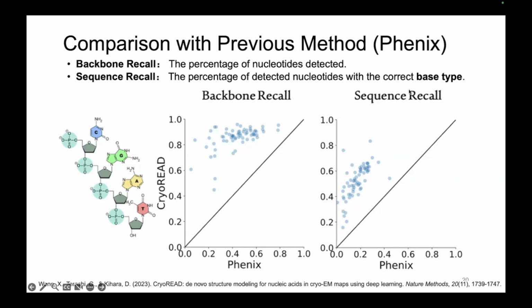It's not only considering the positions, but also the base type. So whether the positions are predicted accurately, and also whether the type of the base is predicted accurately. In both metrics, CryoREAD clearly achieved much better performance than Phenix.